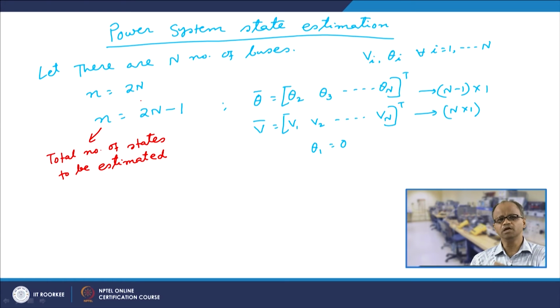So, now we need m number of measurements, where m is greater than n. Let us look at what the possible measurements could be. For that, let us look at some simple system, just a 4 bus system.